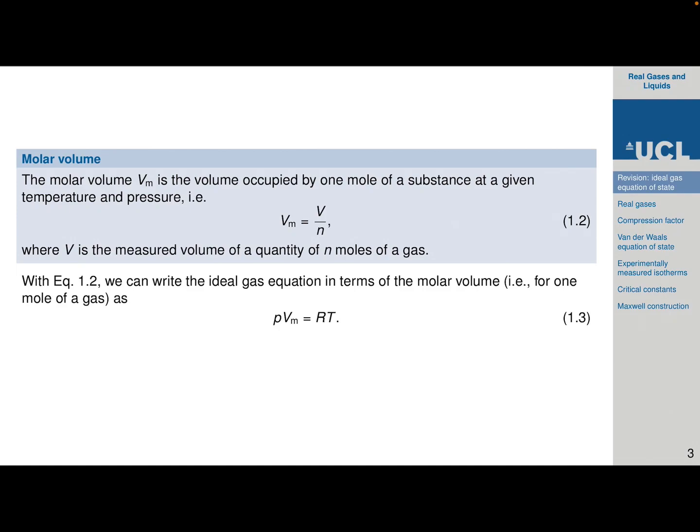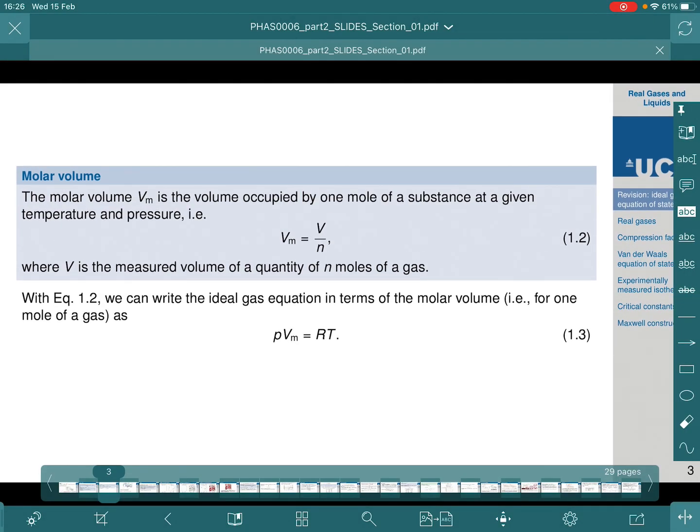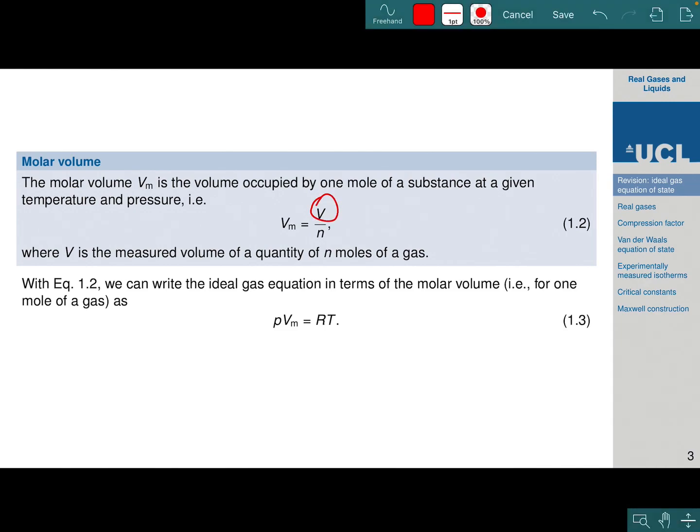Okay, so the other thing I wanted to briefly mention here is molar volume, or we might also talk about a specific volume. So the molar volume is simply the volume that would be occupied by 1 mole of our gas, right? So if we had, say, 3 moles of a gas, then we can measure the volume of those 3 moles of the gas.